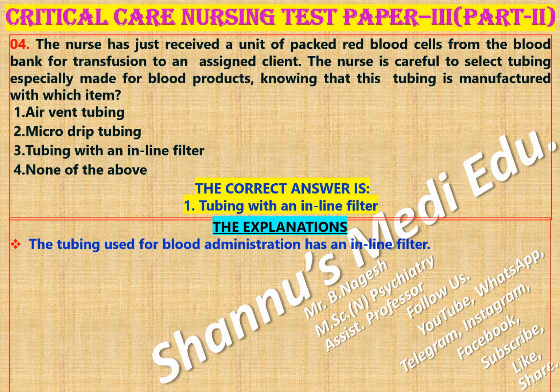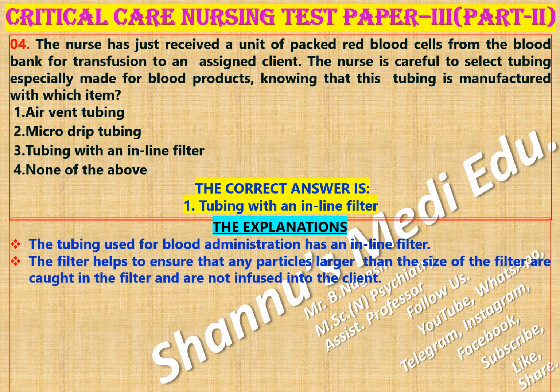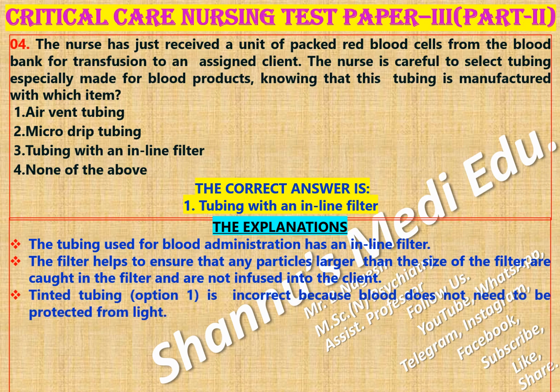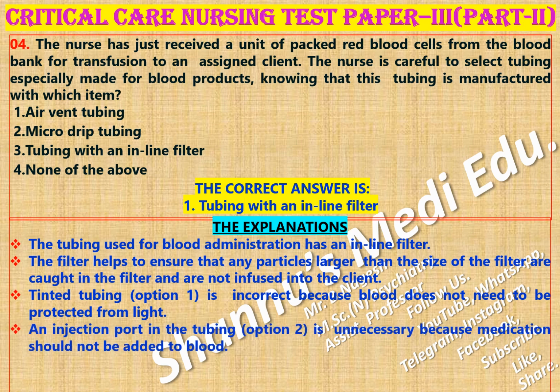Explanation of this question: the tubing used for blood administration has an inline filter. The filter helps to ensure that particles larger than the size of the filter are caught in the filter and are not infused into the client. Option 1, tinted tubing, is incorrect because blood does not need to be protected from light.